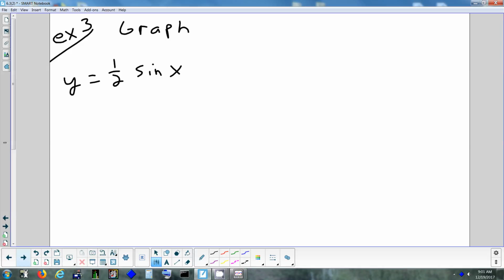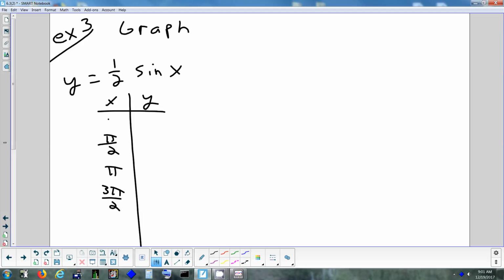All right, so let's make our table. Sam, what column stays the same here? The x. Yep, can you tell me what my x's are? Pi over 2. Pi. 2 pi over 2. Yep, and one more? Oh, 0.